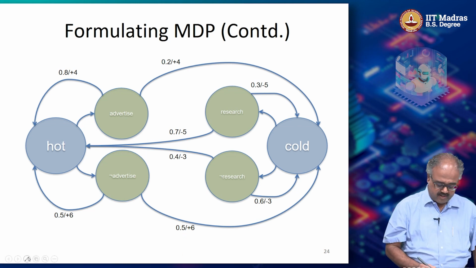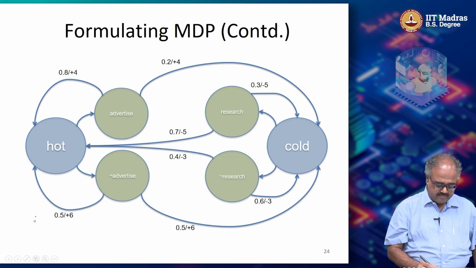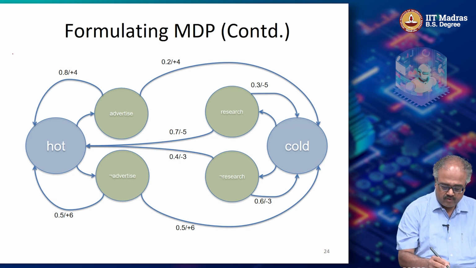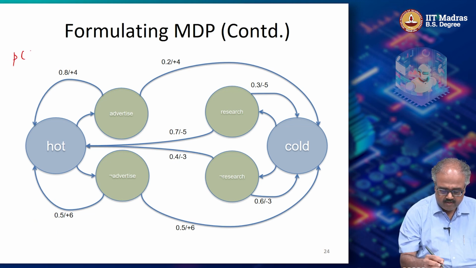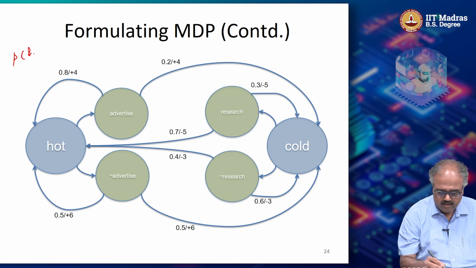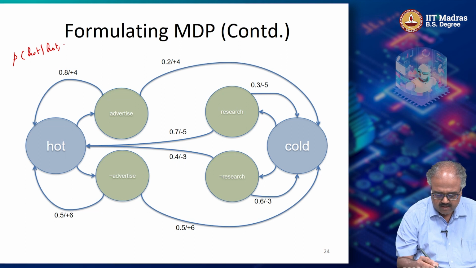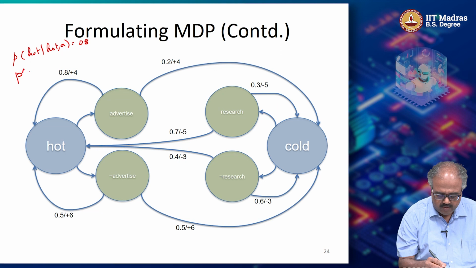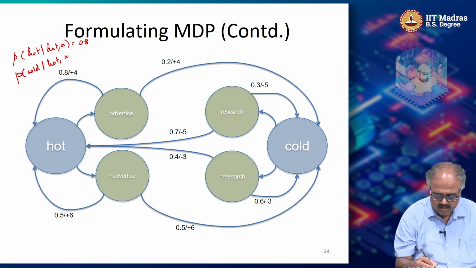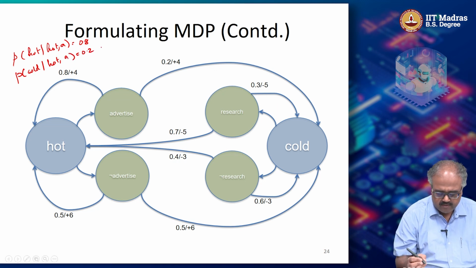So if you think about it, it's something like this, right? So probability of hot given hot comma advertise is 0.8. Then probability of cold given hot comma advertise is 0.2.